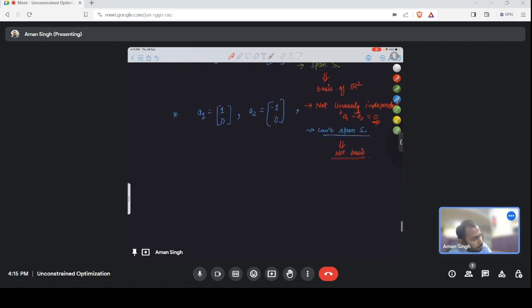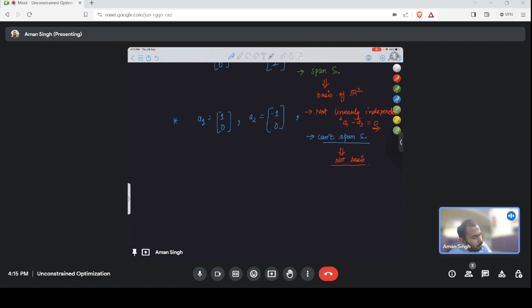We'll see two more examples, one in which they span but are not linearly independent, and one in which they are linearly independent but do not span R square. Let's say we have A1 equal to 1 comma 0, A2 equal to 1 comma 1, A3 equal to 0 comma 1. They span S, but are not linearly independent.